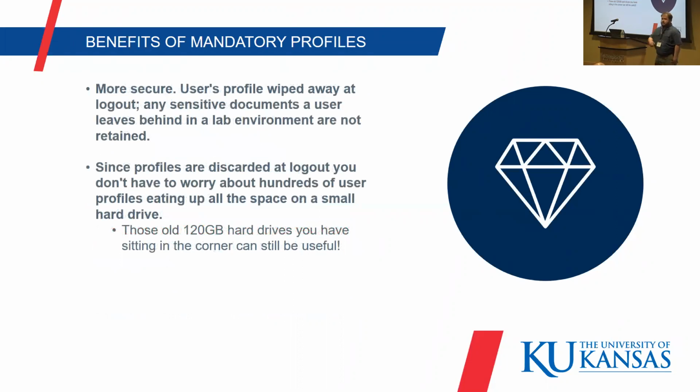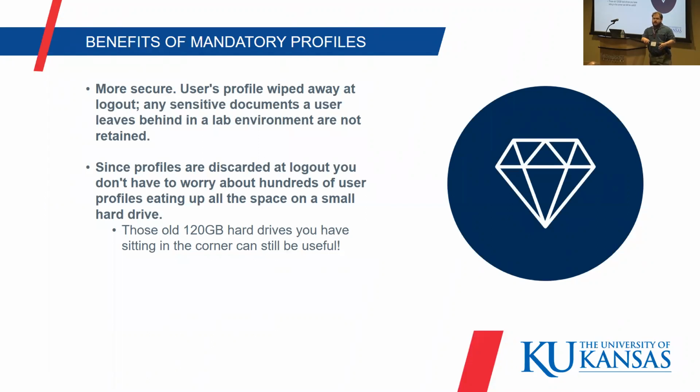In some ways, it's actually more secure than Deep Freeze because as soon as the user logs off, their profile is discarded. On Deep Freeze, our usual situation was to grant the users admin access. Say someone logs in, leaves some sensitive documents on their desktop, goes away, next user comes in with admin rights. They can go to that user's desktop that will persist until the restart and grab that sensitive information.